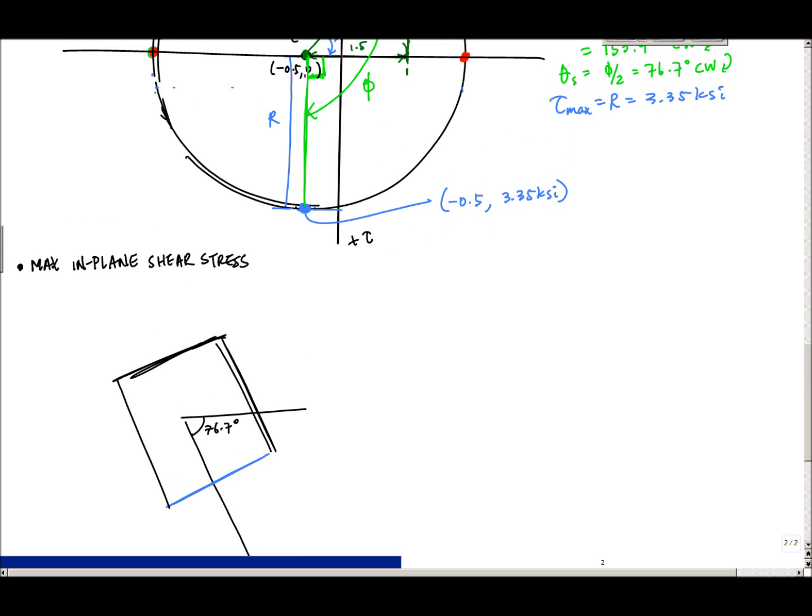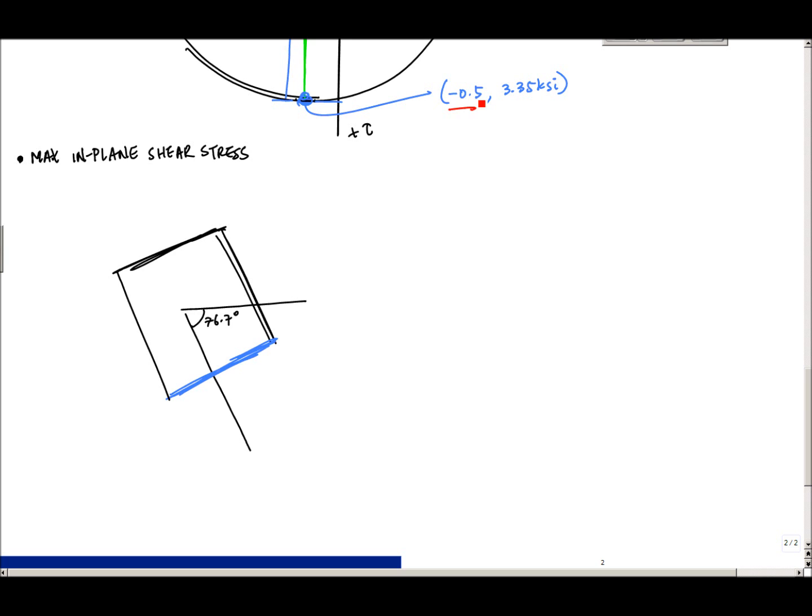On this face, I have a normal stress of minus 0.5 KSI, which means my coordinates of that face are minus 0.5 and 3.35 KSI, so here I have 0.5 KSI causing compression. Here's my new plus x face, x prime, and the y just comes along for the ride.